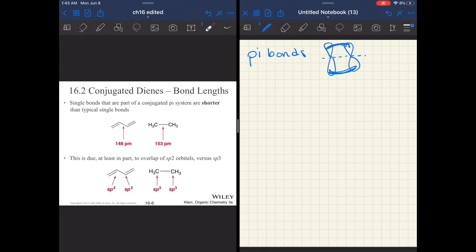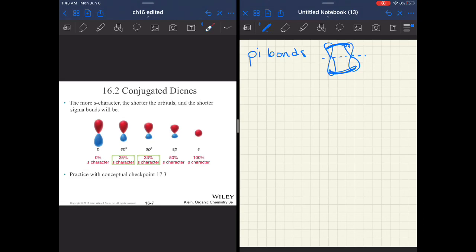When we talk about just the structure, the single bond in the middle of conjugated double bonds is shorter than other carbon-carbon single bonds. That is because both of these carbons are sp2 hybridized. When we think about hybrid orbitals, a standard s orbital is a sphere, and a p orbital has that sort of figure 8 shape.